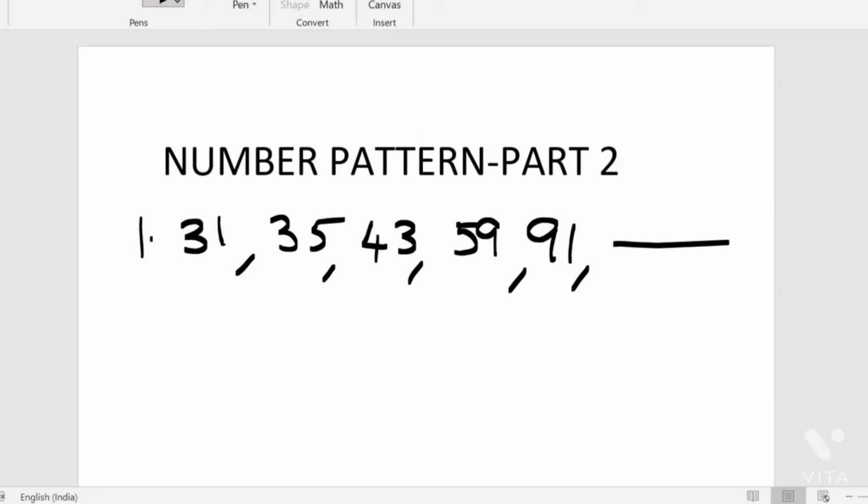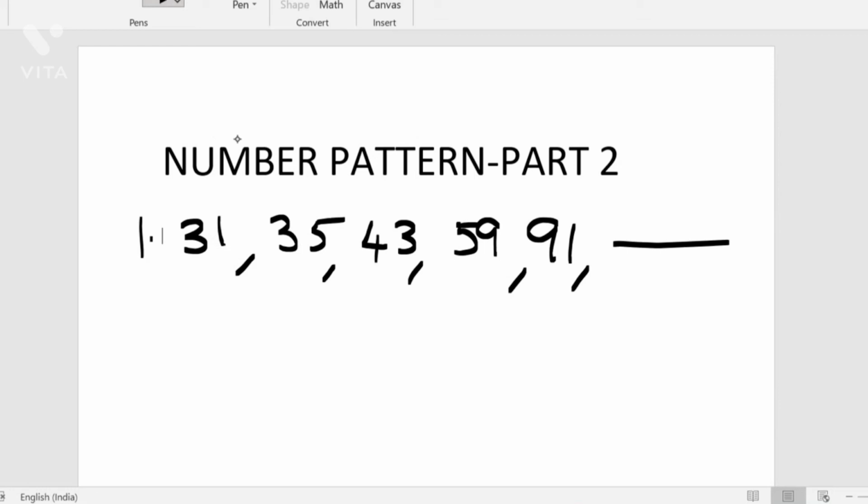After getting a series of numbers like this, to find the missing number, first we have to find out the relation between each number and the next one. Here 31 to 35, what is the relation?